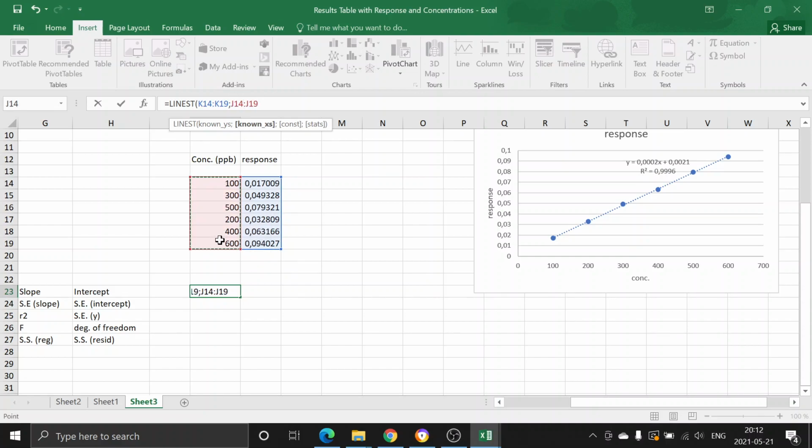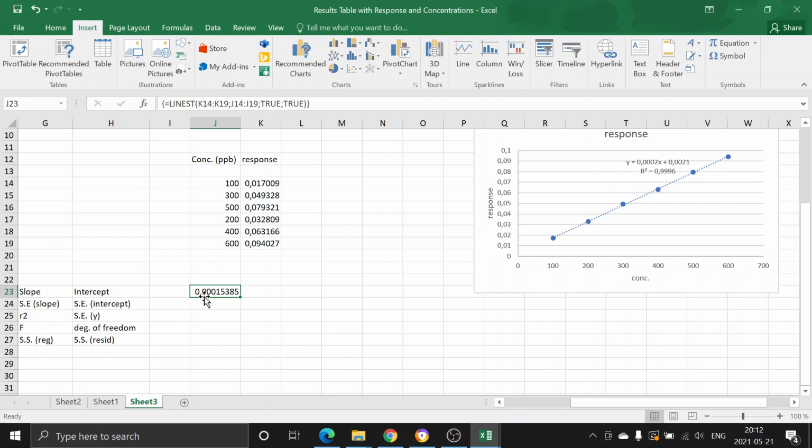Okay, and then I insert another semicolon, and then I should say true, another semicolon, and then I say true again, and then I close the parentheses, and I guess I should say Control Shift Enter, and it gives me the slope value.